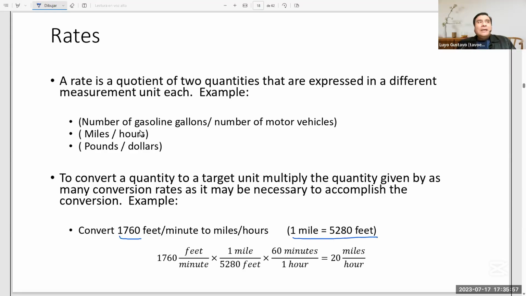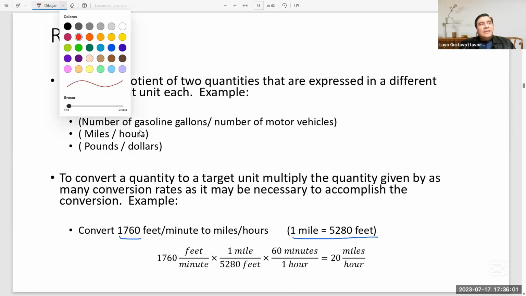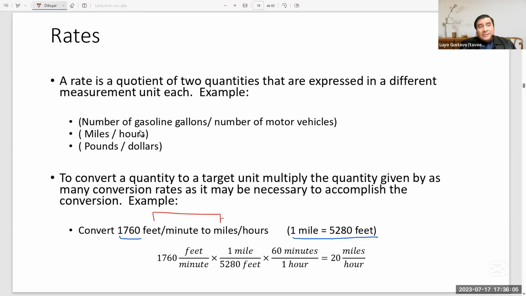For example, clearly you see that in order to achieve this conversion, we need to convert feet to miles and also minutes to hours. So we are using here two conversion factors or conversion rates.